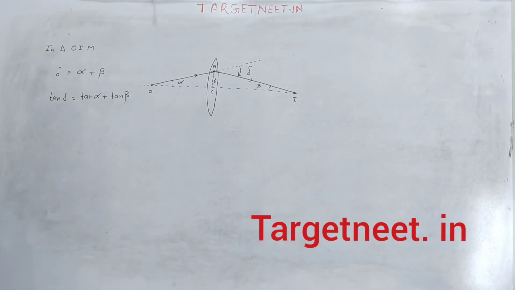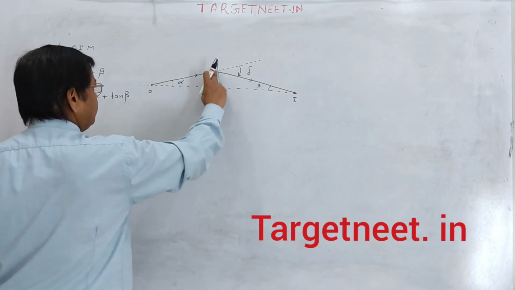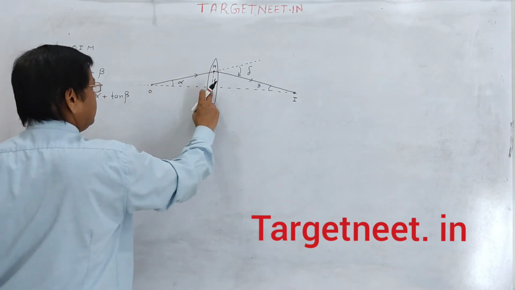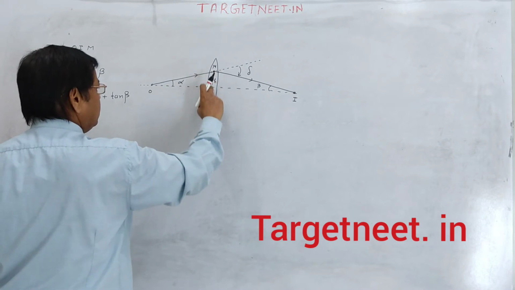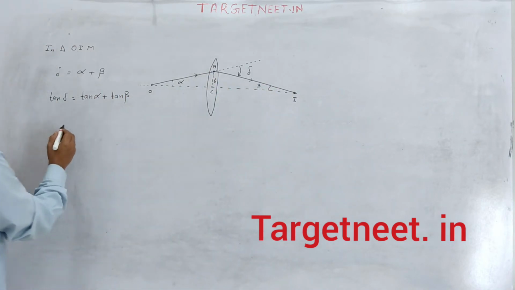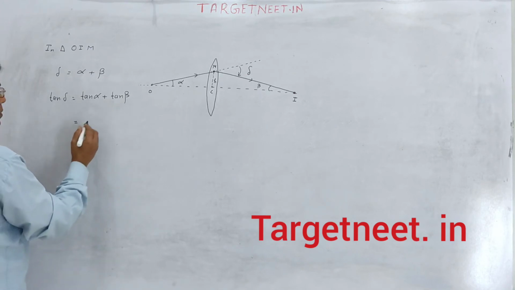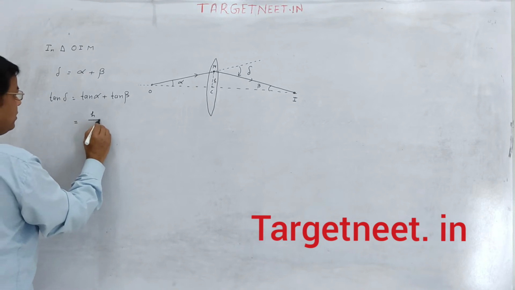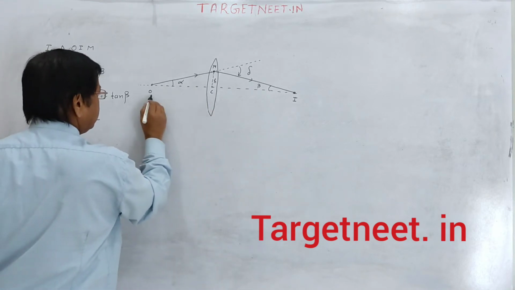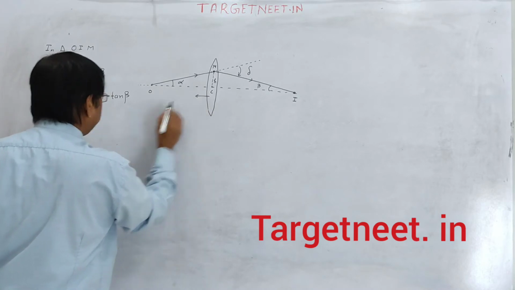Tan alpha is this divided by this, tan beta is this divided by this. So we can write this as h divided by this distance, and it is the object distance but measured in this direction, so it is minus u.